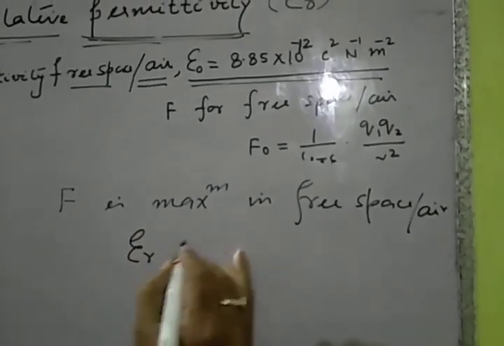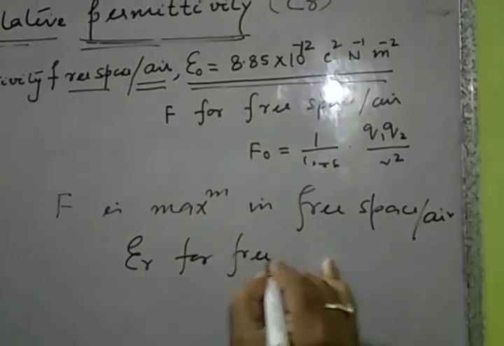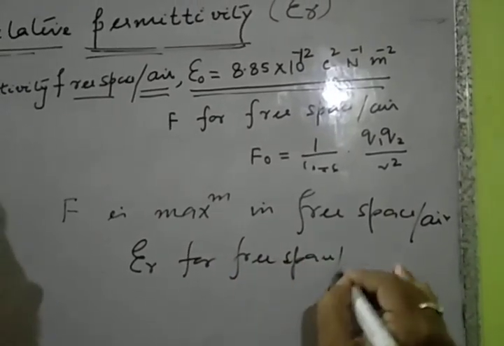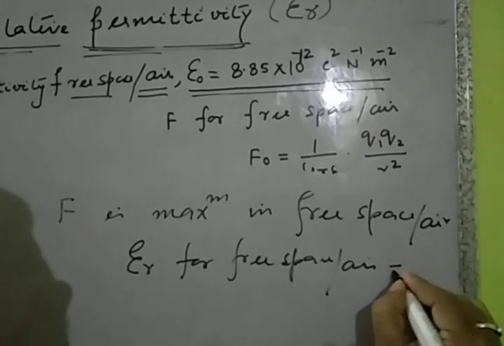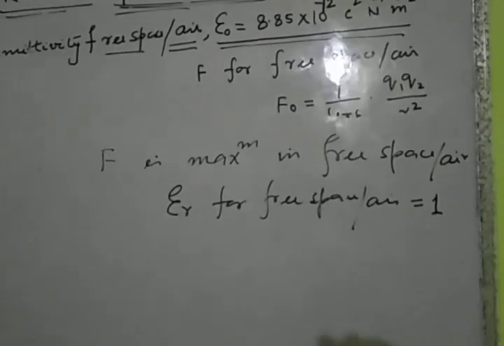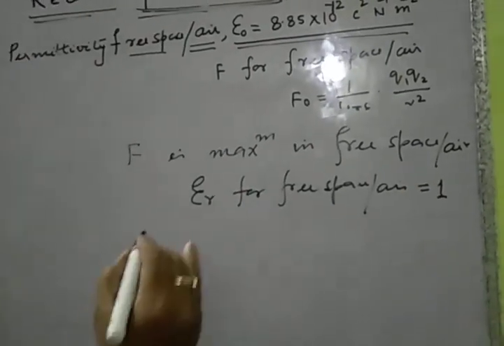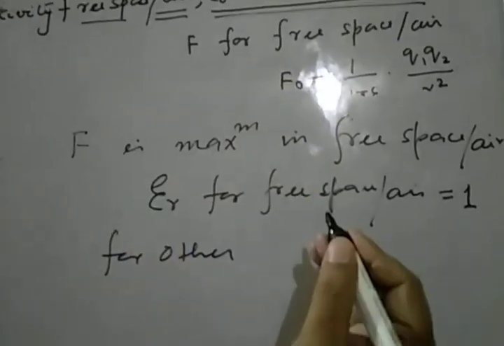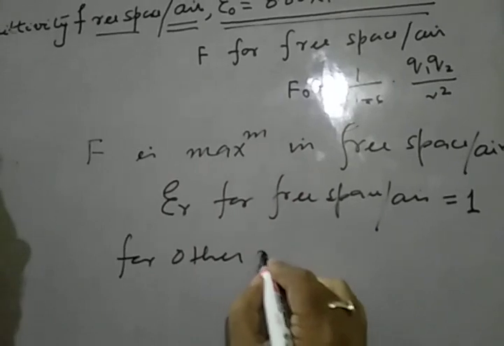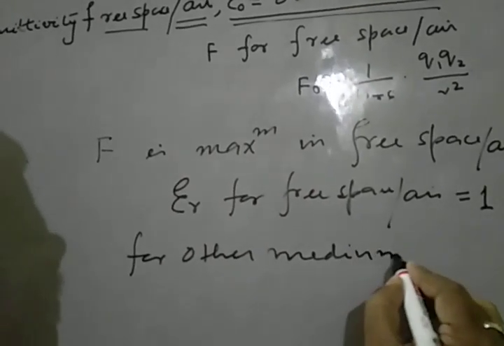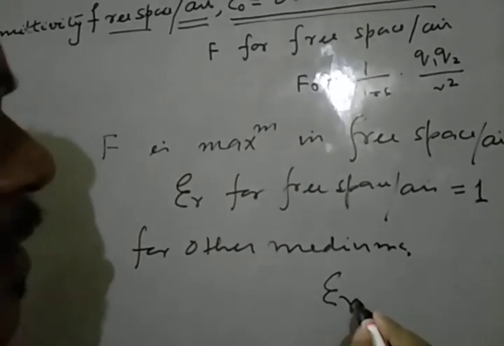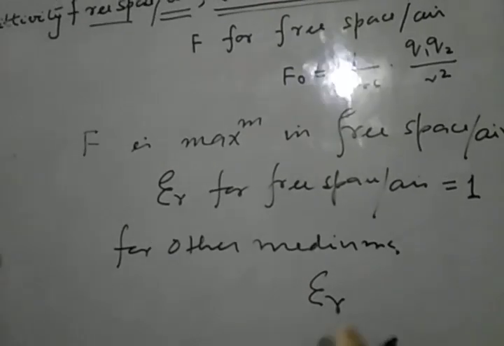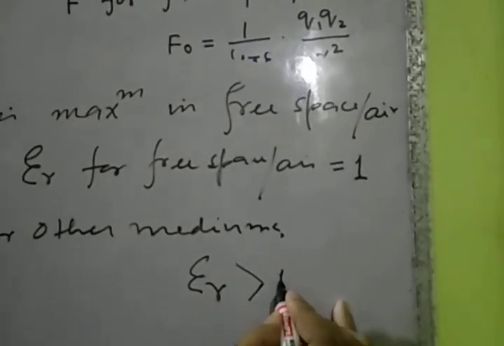Relative permittivity for free space or air is always equal to 1. For any other medium which is not free space or air, the value of relative permittivity is always greater than 1.